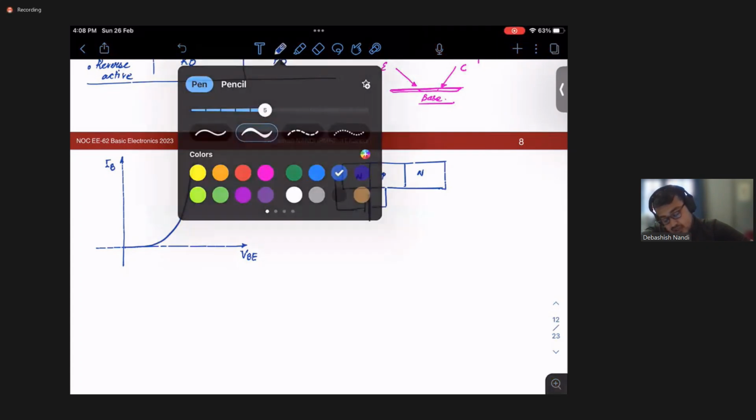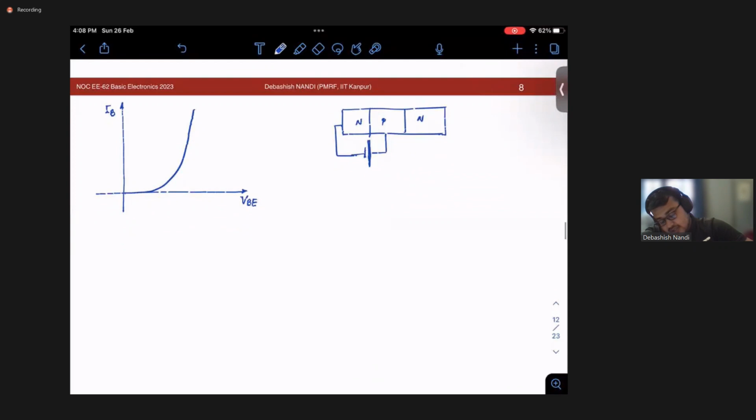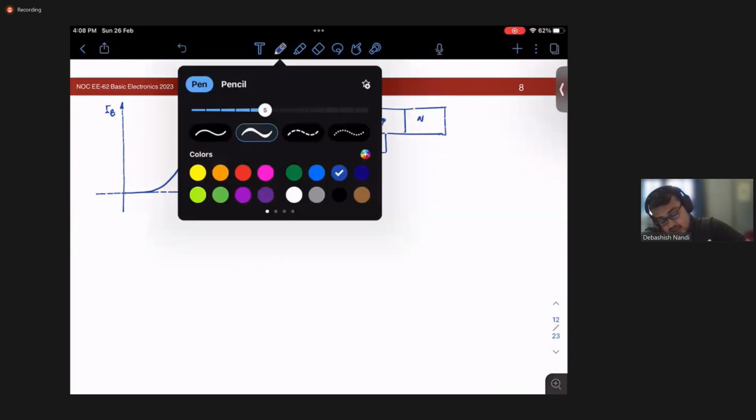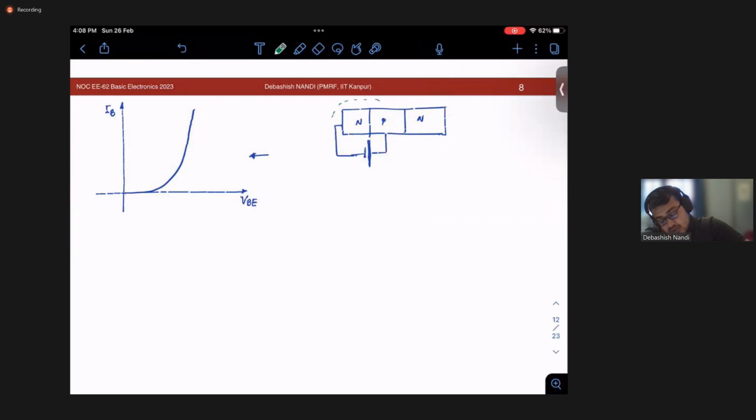And what about this? This side is called your input side, right? And this side is your output side.